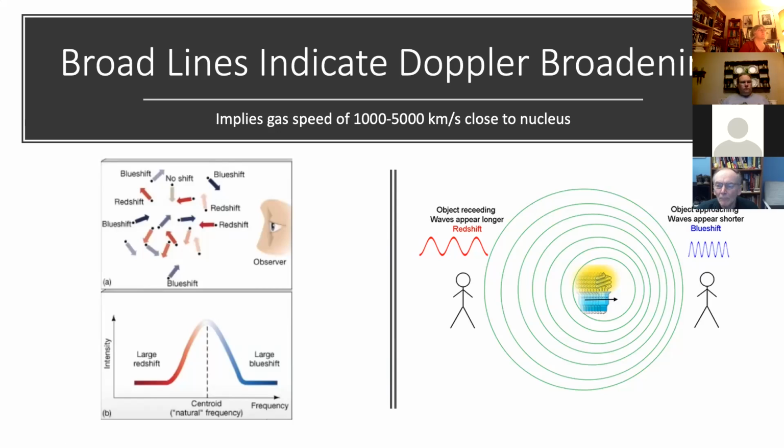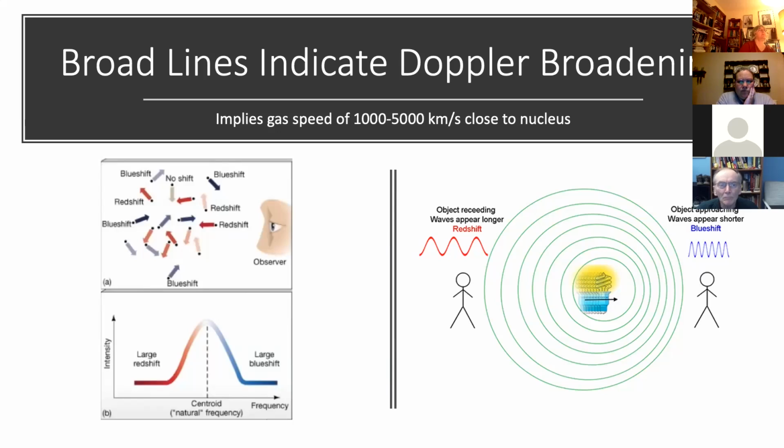If this light emitting object is moving towards you, then the peaks of the wavelength become closer together. If the object is moving away from you, the distance between the peaks of the wavelength of light will increase.